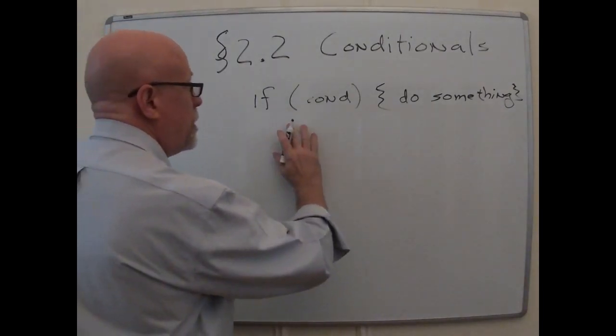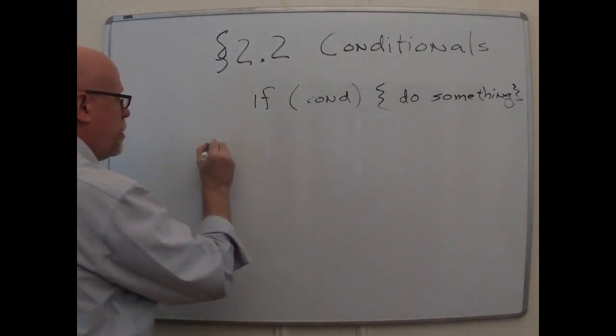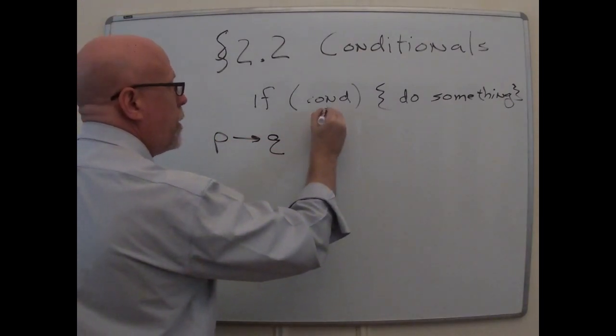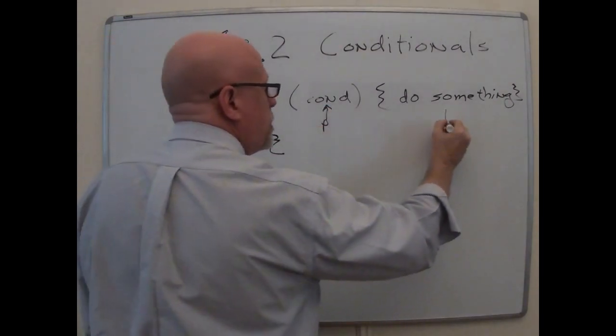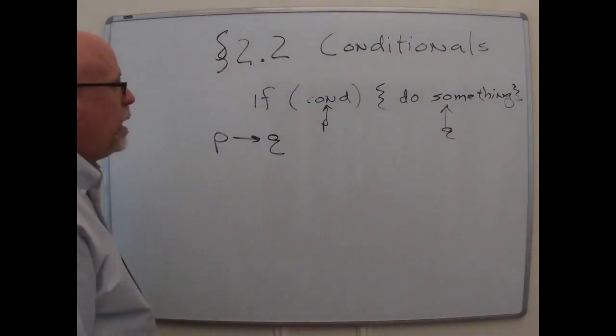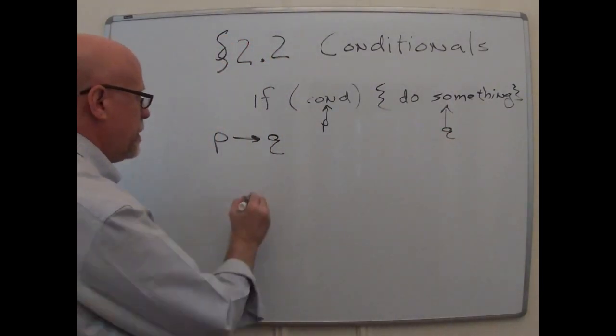First of all, things like this would be written P arrow Q, where that guy's P, and the something there is Q. And in logic, what it means is this.